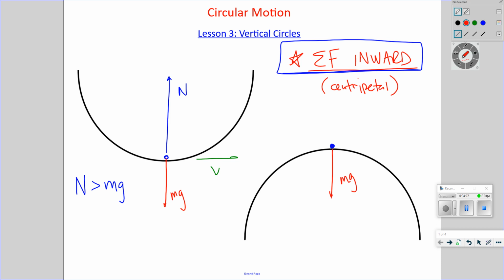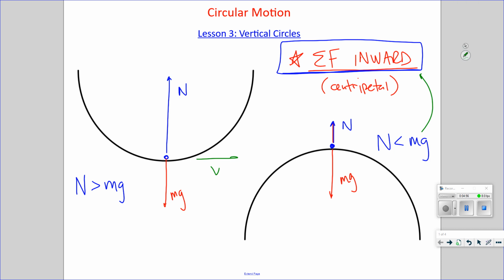So the force that the track, or whatever you want to call this, the hill, exerts on the object has to be less than mg. That's not an N. N has to be less than mg. And why is that? Well, same reason, because the net force has to be inward. This object is accelerating. That acceleration is towards the center. That means the net force is towards the center.